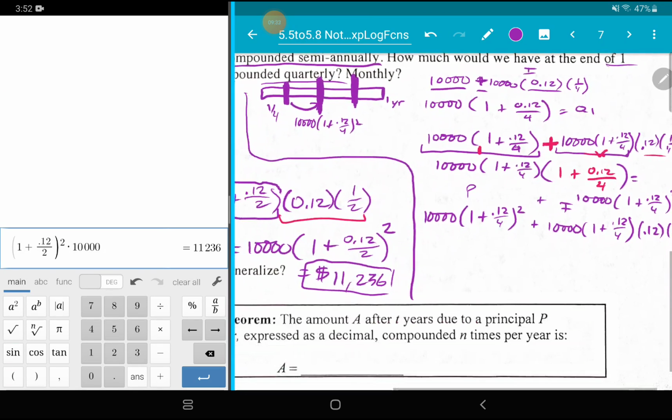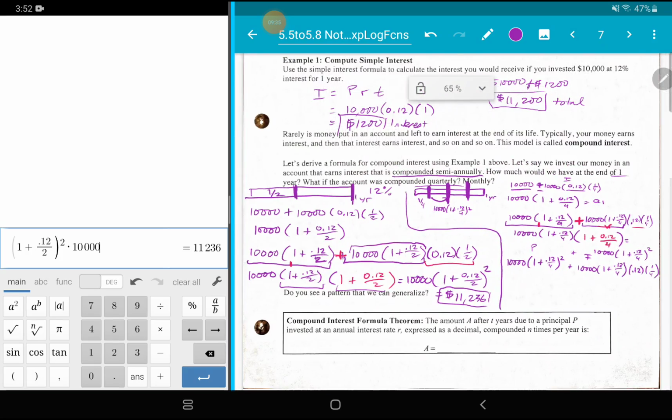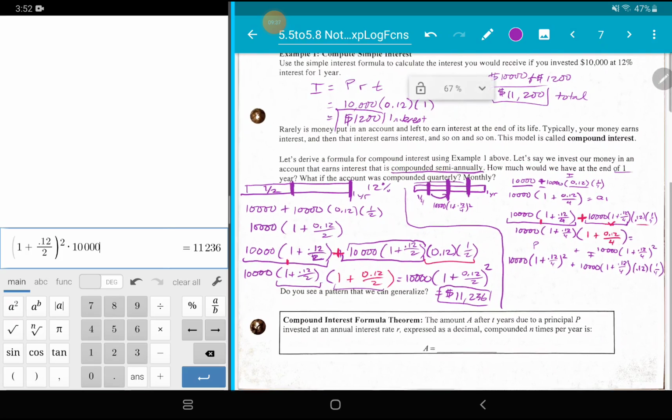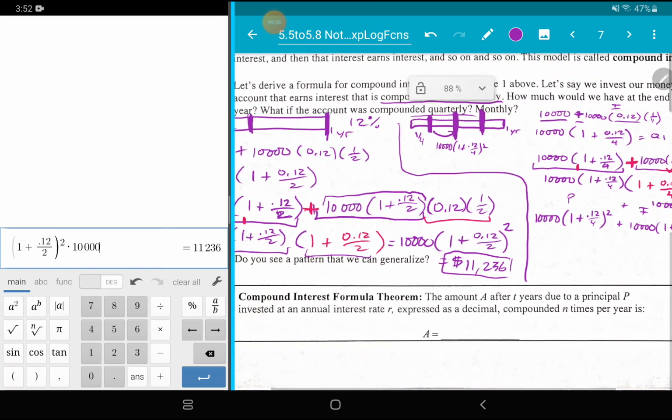So we start to create a formula. I'm not going to finish it all because as you can see, I'm running out of space. But this basically creates our compound interest formula. You'll notice that the 10,000 is always contained within our formula. That's going to be our principal amount. So we call that P times, what you notice we always did was we added 100% plus the new interest rate, which is your rate divided by the number of compounds.